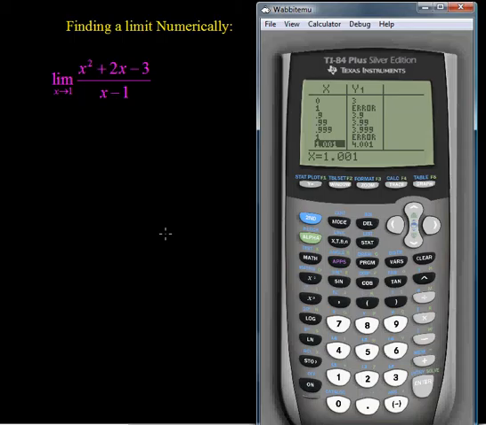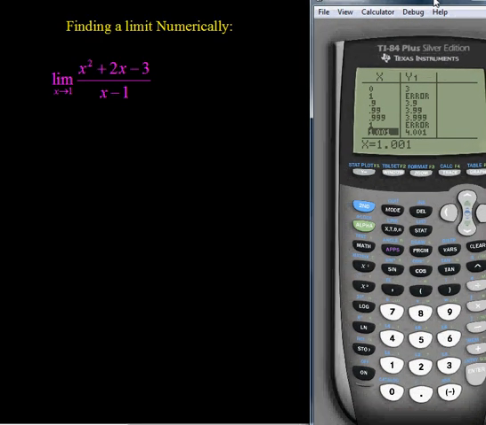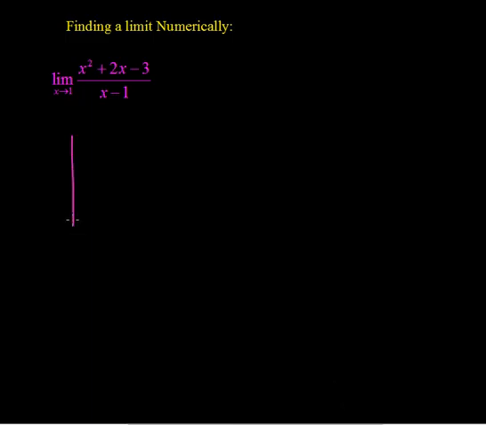So the way we'd actually illustrate our answer, we'll get the calculator out of the way here. We'll make a table, and we're going to be saying x and f of x. When we put in x equals 0.9, we got out 3.9.